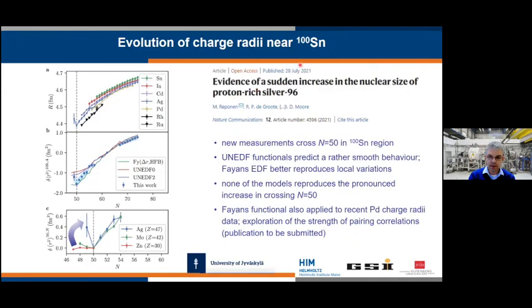Yeah, and then here you see some examples. There has been a publication for this, and there have also been several theoretical calculations using energy density functionals, either the UNEDF parametrization or the so-called Fayans functionals. And you see here, there is quite a good agreement between the data and the theory, but if you cross N equals 50, you see an increase in the data, which is not clearly reproduced in any of the models yet.